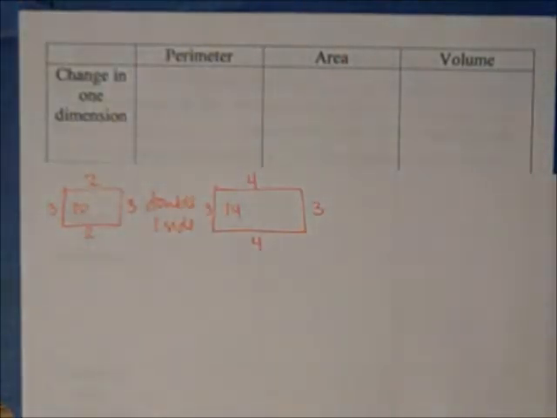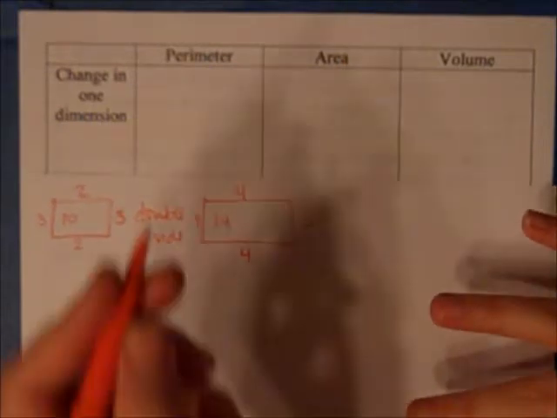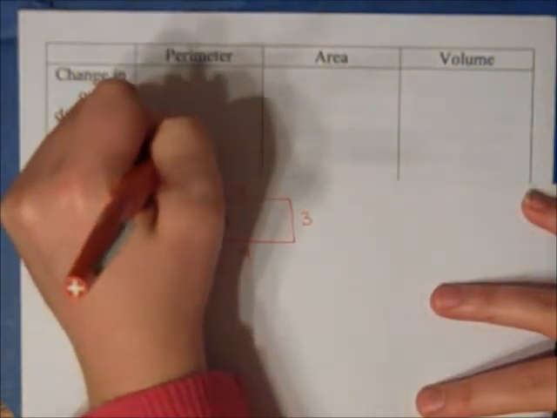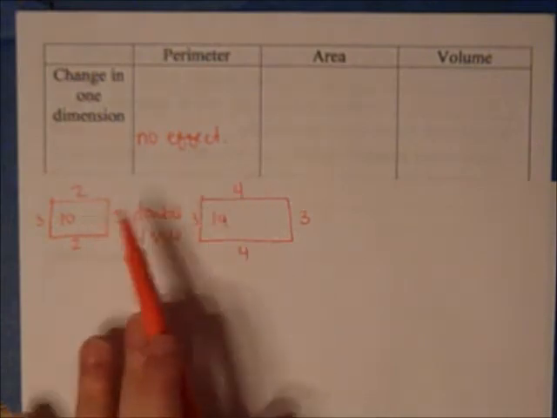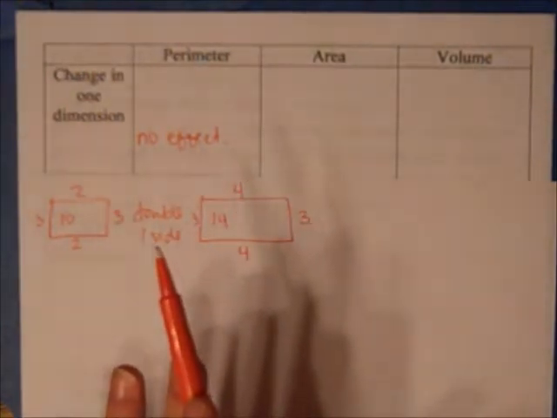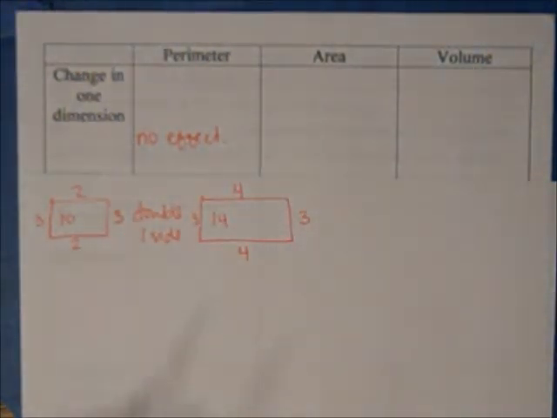Is there any special relationship between 10 and 14? Is it double? Is it triple? Is it anything like that? No, it is not. So when I change one dimension of a perimeter, there is no effect. Now, I don't mean nothing happened. Obviously, if I doubled this one, then it's going to get bigger, but there's no special relationship is what I'm looking for.